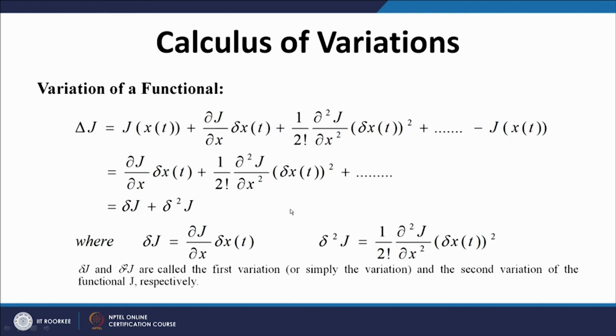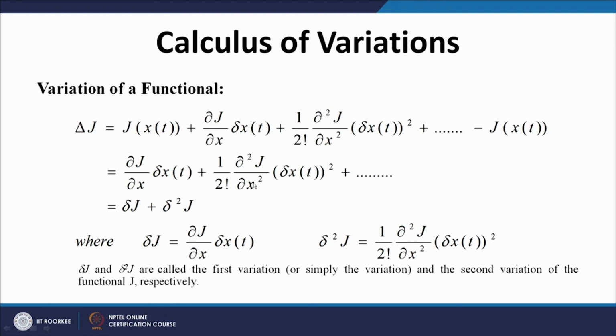The second term is a second order term, which is delta x t square. This means if delta x t is small, all these terms keep on reducing. The next term will be delta x t cube, which will be smaller than the delta x term.